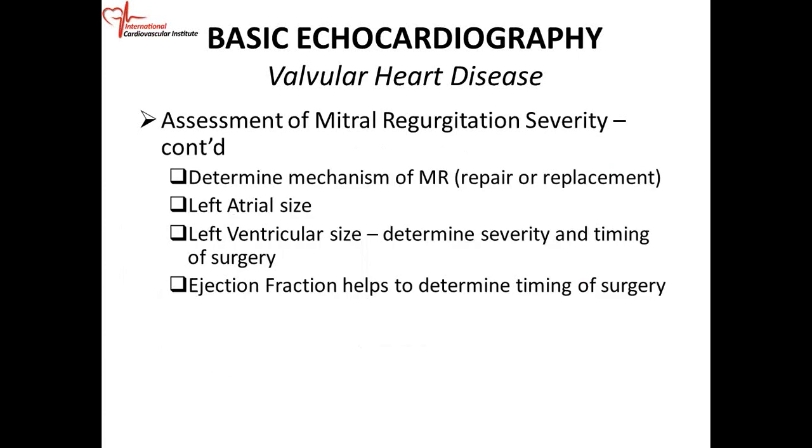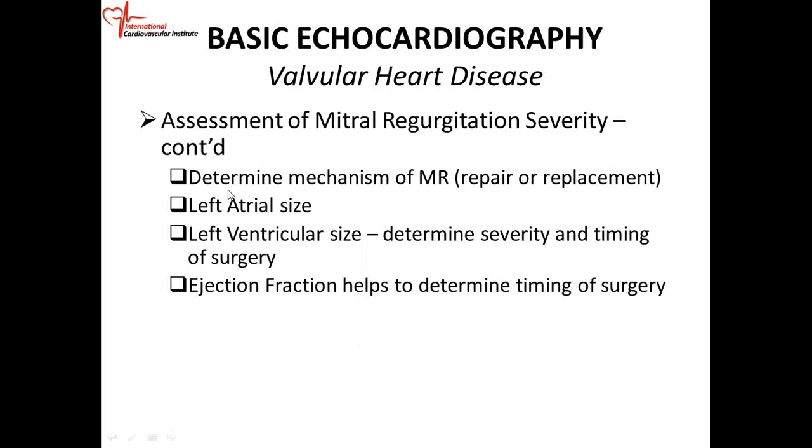All right, so you have to determine the mechanism of the mitral regurgitation, because that's going to lend itself to how you fix it, either repair or replacement. Okay, so you can either repair the mitral valve or you can replace it. Remember, repair is always better than replacement. Patients do worse if you have to replace the valve.